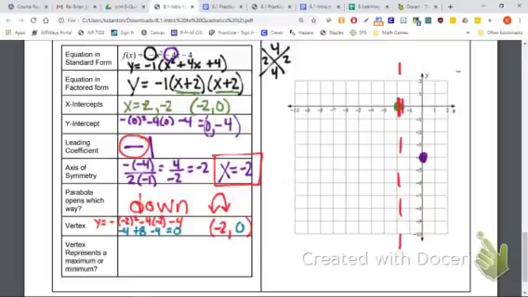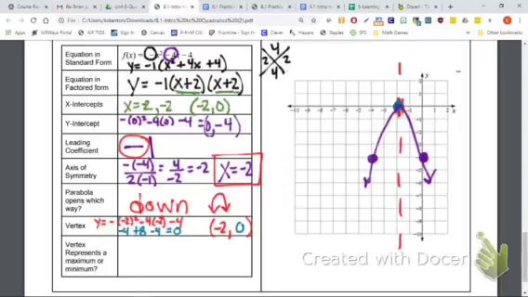So that second part of the vertex is going to be 0. Well, look at that, guys. Negative 2, 0, that's our intercept. Okay, so I know that this y-intercept here is 2 spaces from the axis of symmetry, so I'm going to go 2 spaces here. And we've got ourselves a graph here. Again, try to make that more of a U, not a V like I just did.